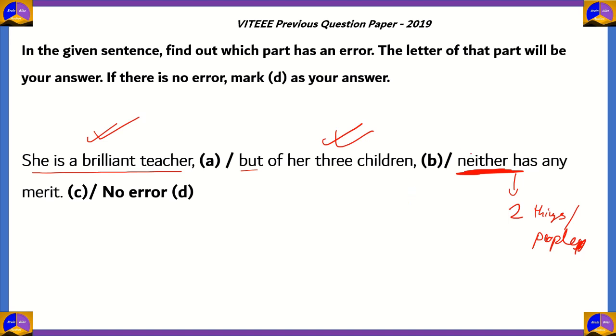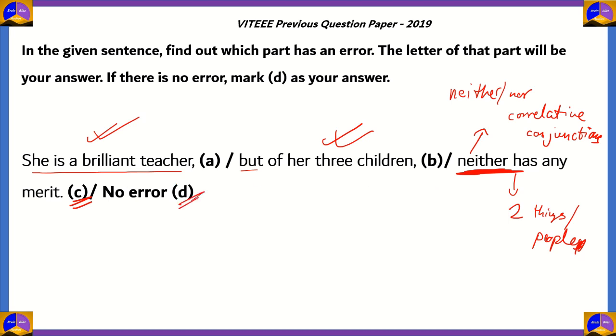So neither is used in the correlative conjunction neither nor. So it's basically a correlative conjunction, and a correlative conjunction refers to a comparison between 2 things. So therefore, option C will be the correct option because that part has an error.